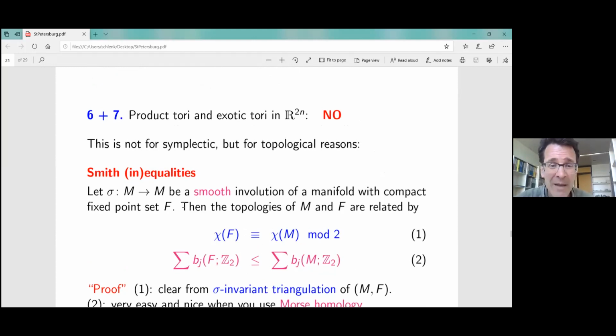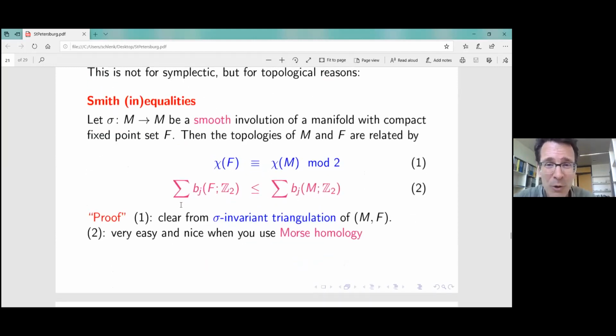Okay, so I mentioned this because in the topology books, these Smith inequalities are not so easy to read. The first one is, of course, very easy. You just take a sigma-invariant triangulation or a sigma-invariant CW structure, and then you count cells and remember that the Euler characteristic can be read at the chain level, and then it's there, right?